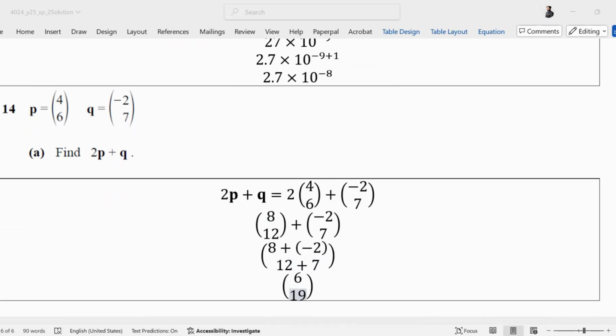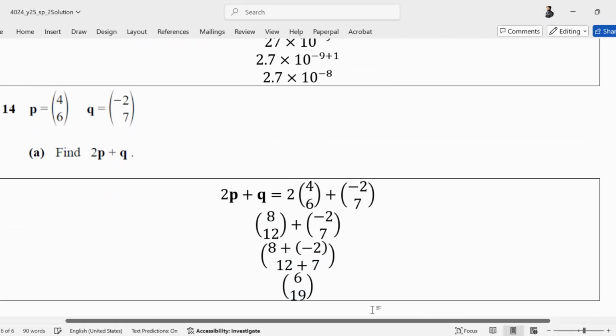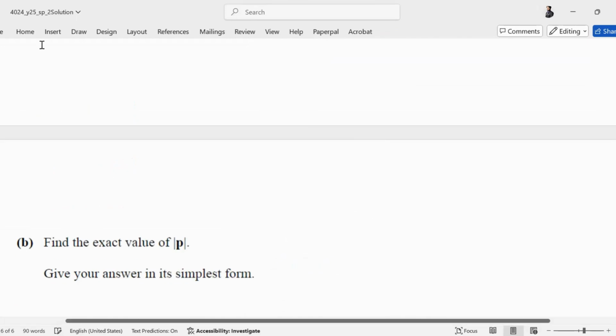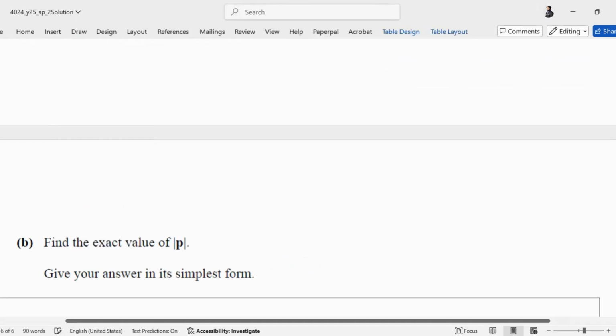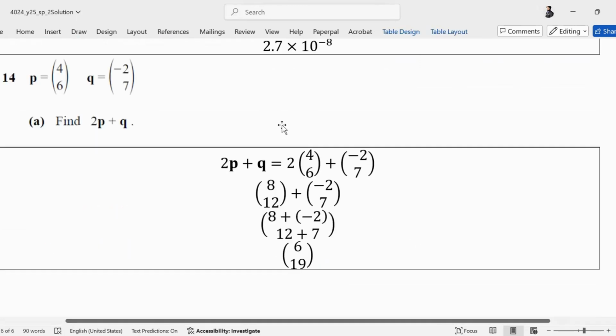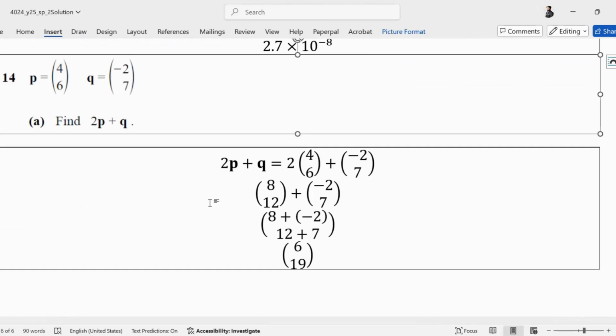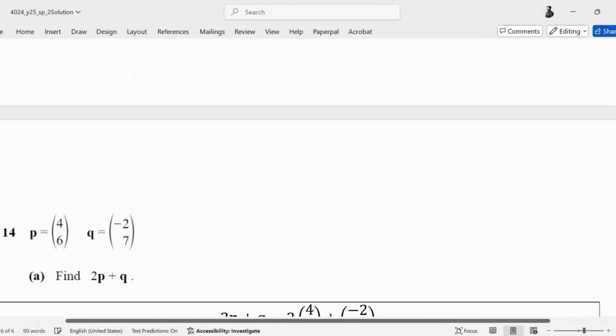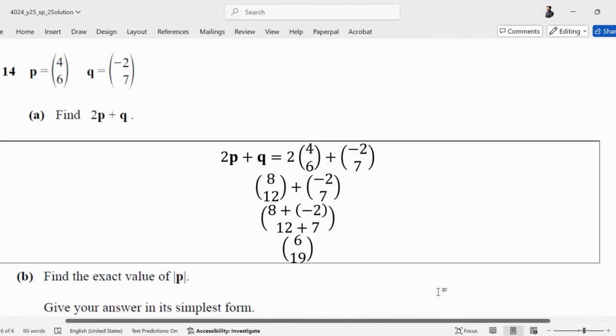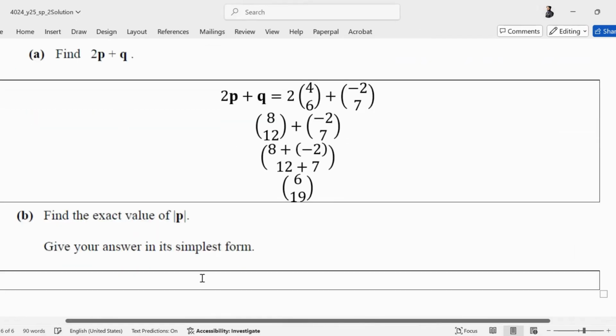Then in the next part, it wants us to find the magnitude of p. So what is the vector p? 4 and 6. And how do we find the magnitude? We take the square root, and we just take x square plus y square.